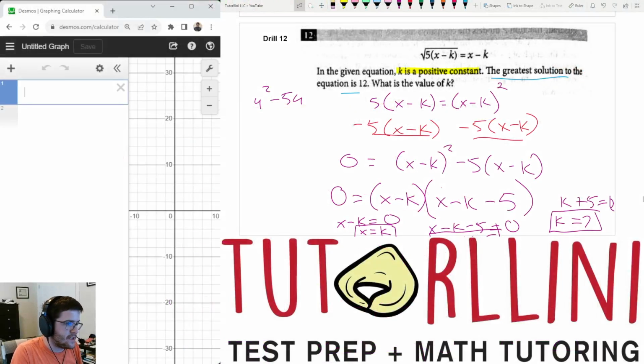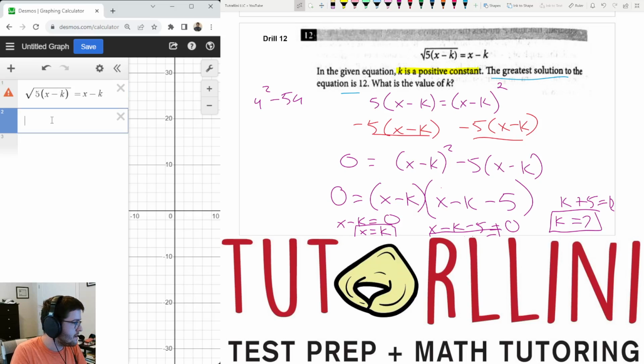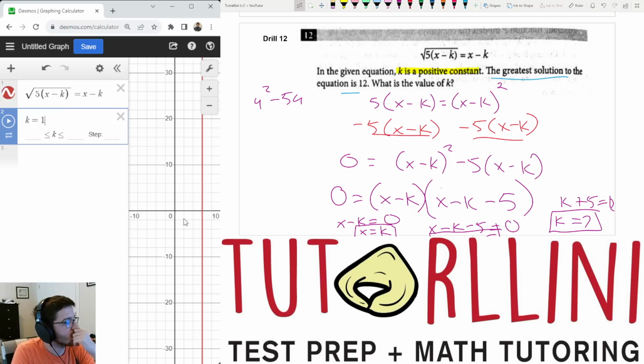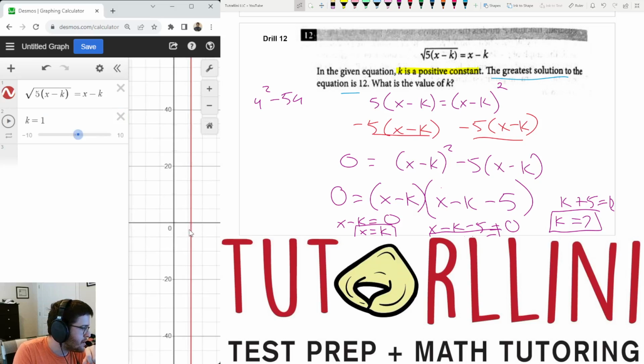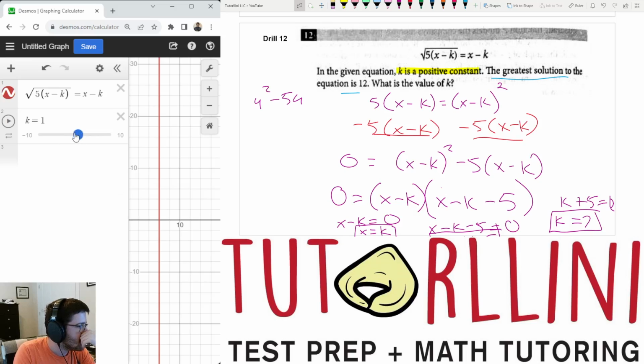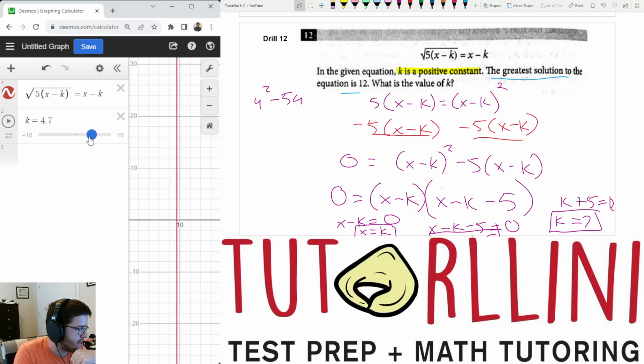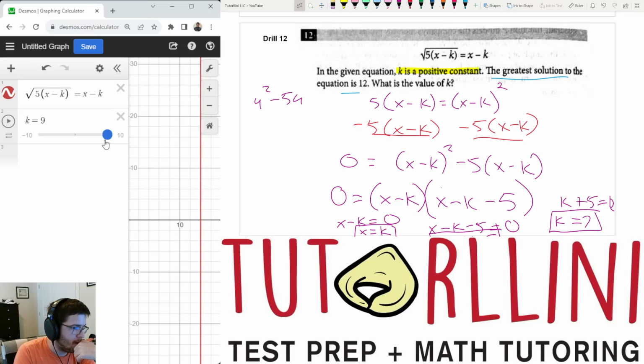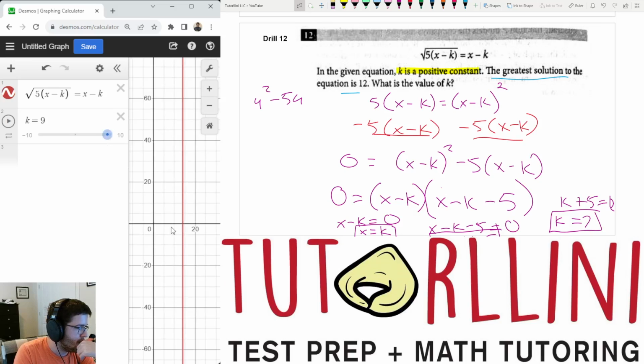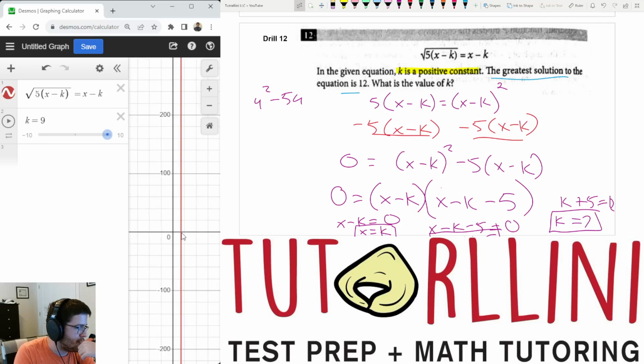I'm wondering if there's a way to do this in Desmos. Let's see what we come up with. Yeah, I suppose you could just keep guessing and checking until you get 12. You could use the slider. If I plug in 9, I get 12, but I don't think that's the greatest.